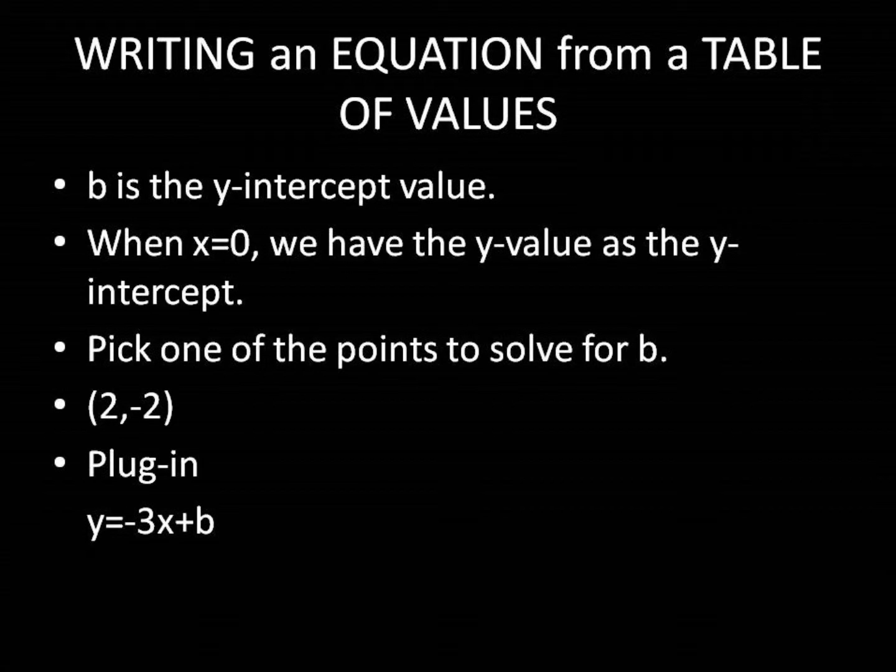We will pick a point, (2, -2). Y equals a negative 2, so we will have a negative 2 equals a negative 3 times the x-coordinate, 2, plus b. Then we will simplify.